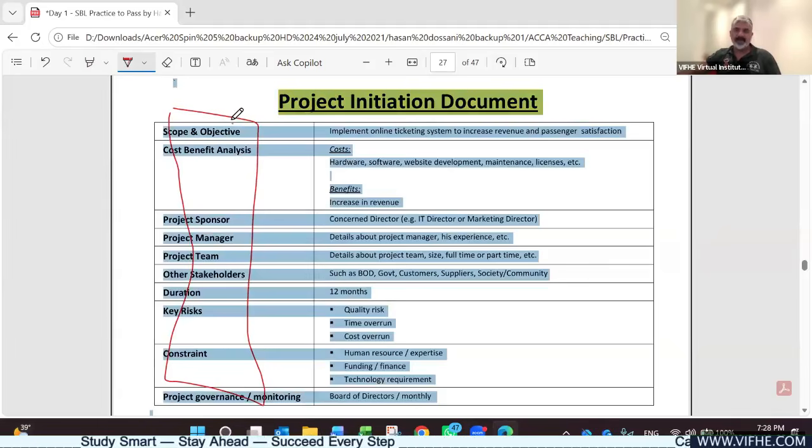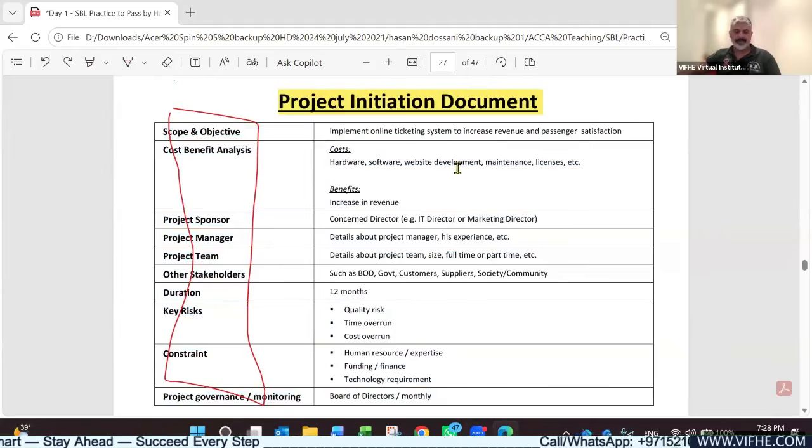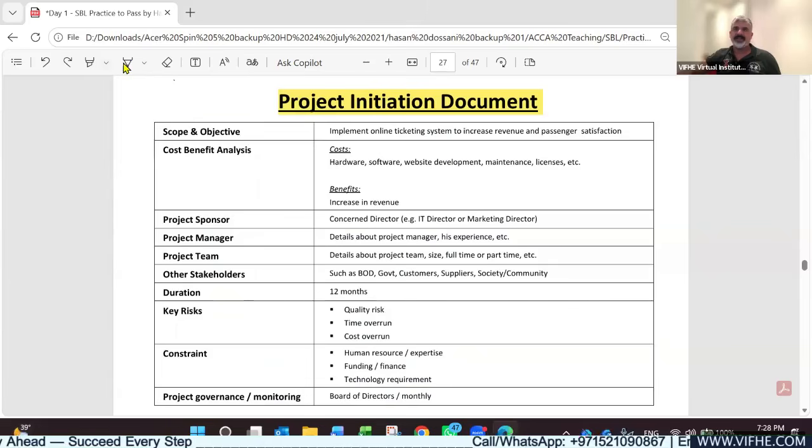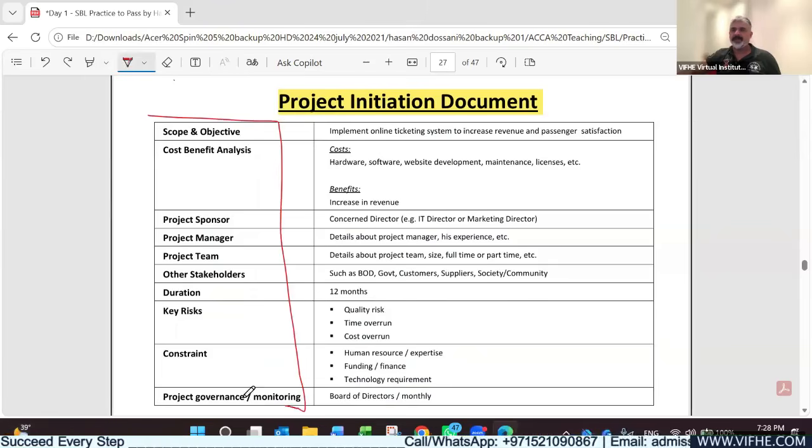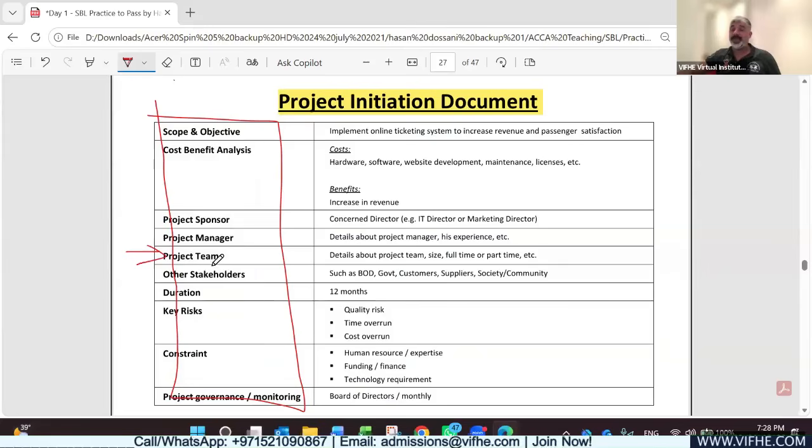So these are the contents. This is the content of the PID. You need to memorize what are the things included in a PID so that you can review a PID when it is given to you.